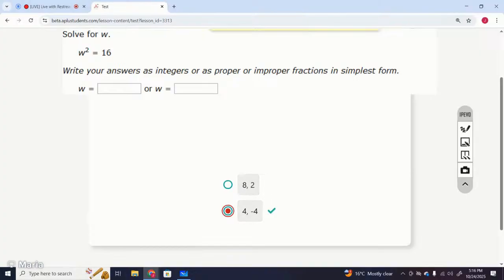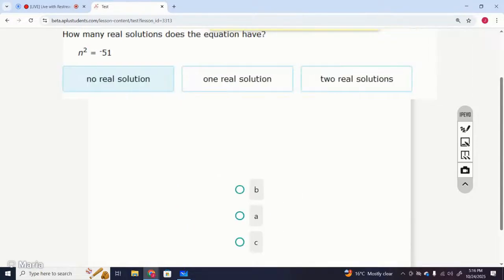Option number 2 is the correct option. How many real solutions does the equation have?